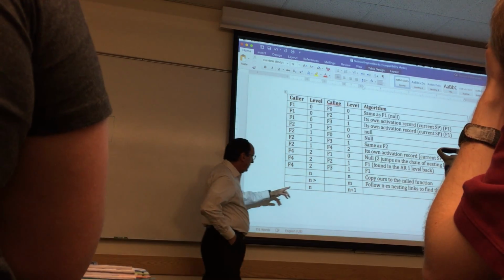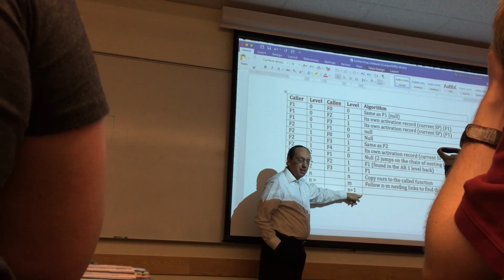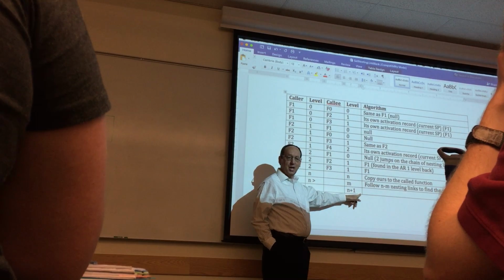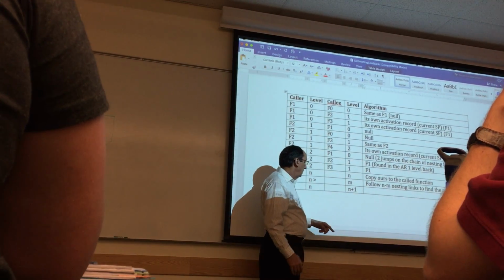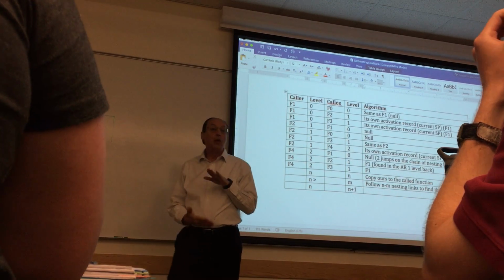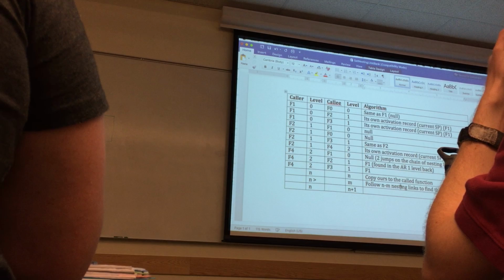And now, if I'm calling something deeper than myself, I can only go one level because you can't see anything nested inside of you another level. And so you just set it to your own activation record. You are the activation record.